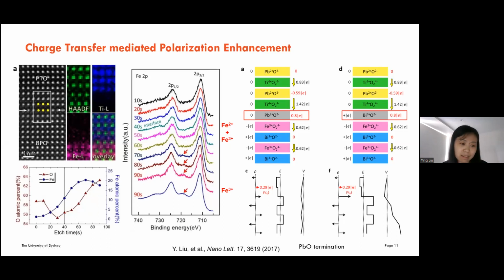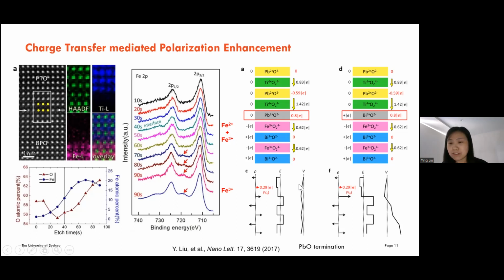We can see that at the interface, the oxygen is depleted. From the XPS analysis of the valence of iron, we found that at the interface there is a valence decrease of iron. Here is 3 plus, and here is 3 plus combined with 2 plus.